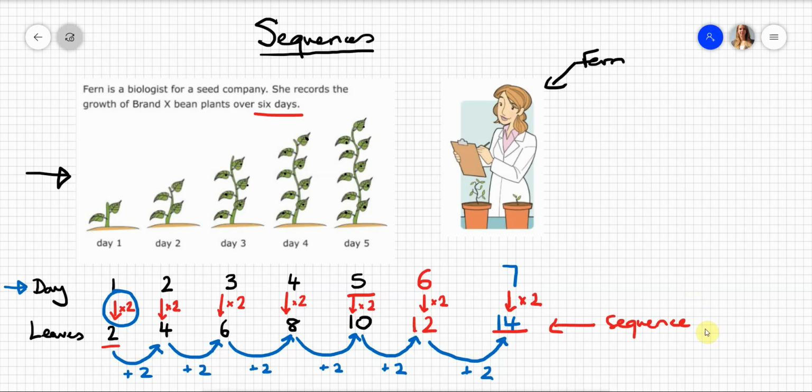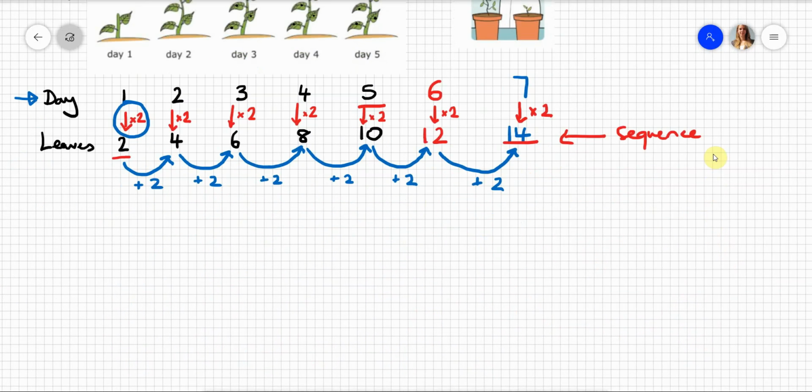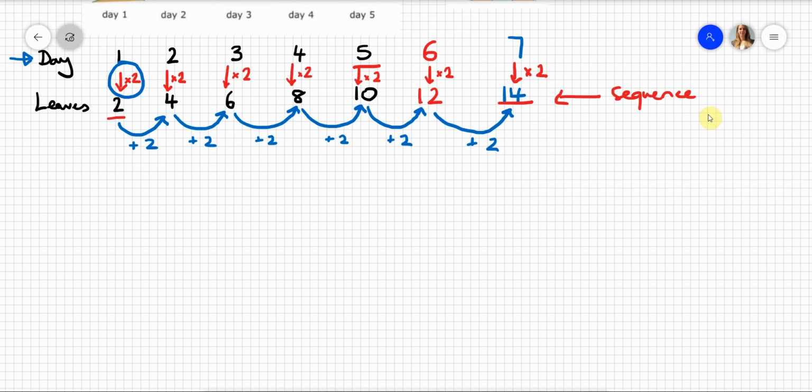Now if we want to record this a little more mathematically, what we can say is that in this sequence we've got a sequence, and the day tells us what the position of that number is in the sequence, and the leaves tell us what the term actually is.